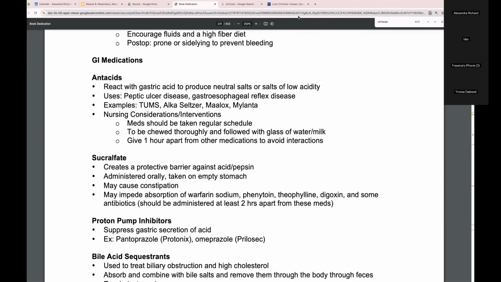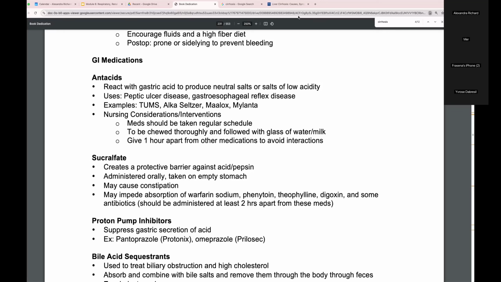So they're very useful in peptic ulcer disease and people with GERD. Some very popular examples are Tums, Alka-Seltzer, Maalox, Mylanta. So nursing consideration, you don't want to give them with other medications. You want to give them an hour apart from other medications to avoid interaction. So that's my NCLEX tip for antacids.